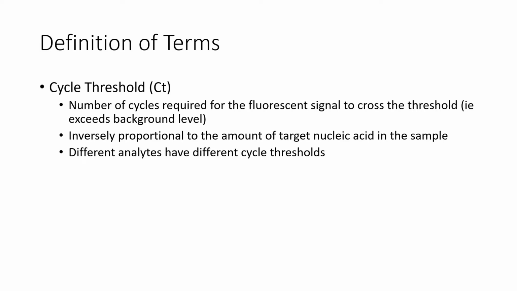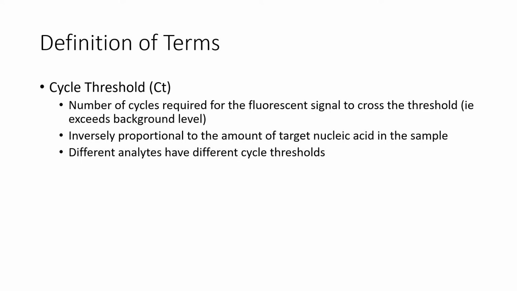One of the terms that you have to remember in PCR is cycle threshold. Cycle threshold is the number of cycles required for the fluorescent signal to cross the threshold line, meaning to exceed the background level or background noise.